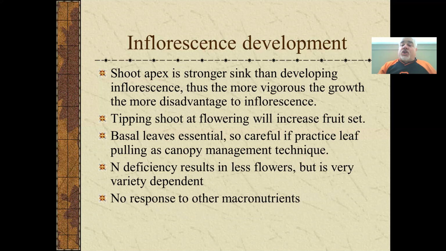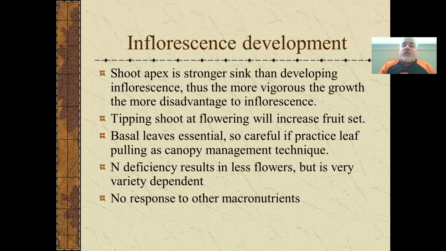I already mentioned this, the shoot apex, or the tip of your shoots growing, the apical meristem, is a stronger growth sink than the inflorescence. So it's going to really have a strong attraction for those new sugars. And therefore, vigorous growth is going to take away even more sugars from your inflorescence development.